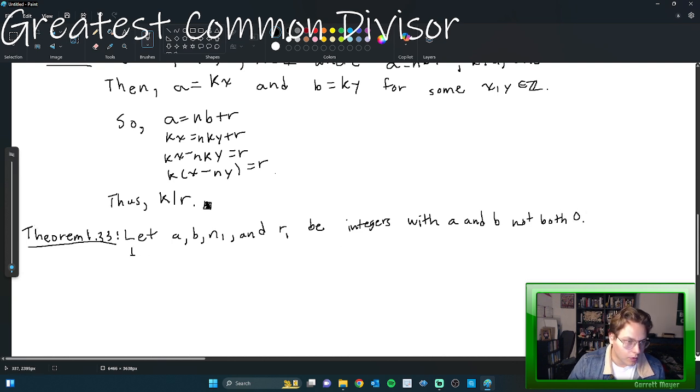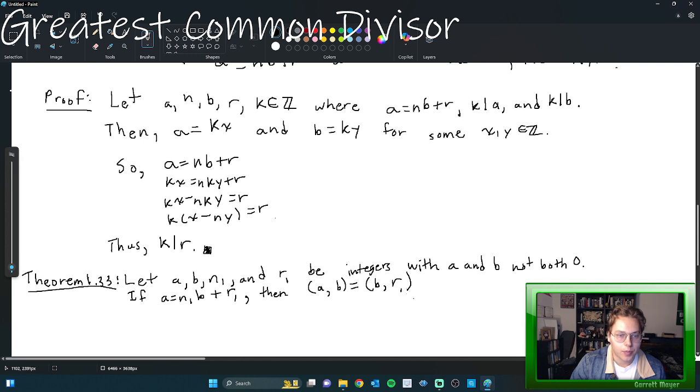The theorem is: if A equals n1 B plus r1, then the GCD of A and B, the two numbers that we're using the division algorithm on, equals the GCD of B and the remainder. Here you can already see how this is going to be useful, because if something divides both A and B, it also divides both B and R1.